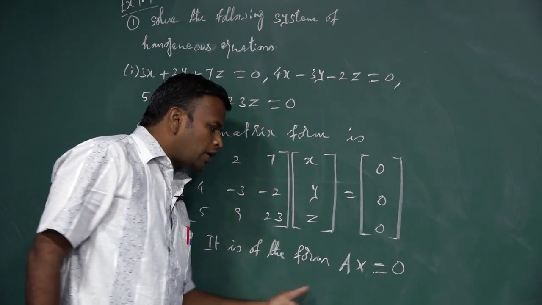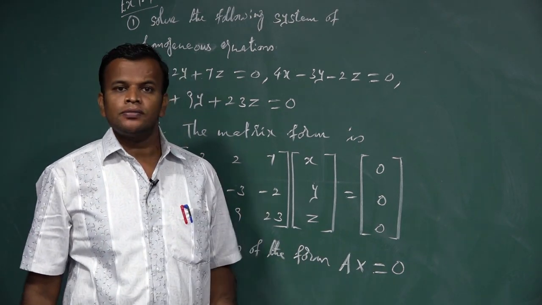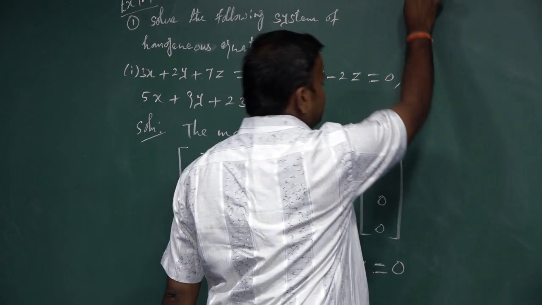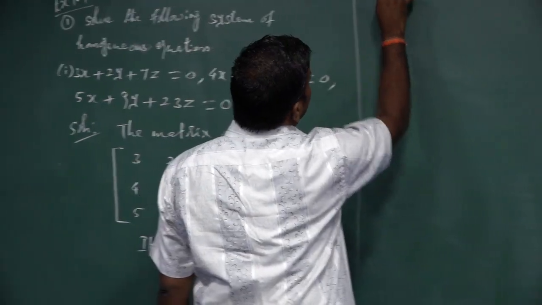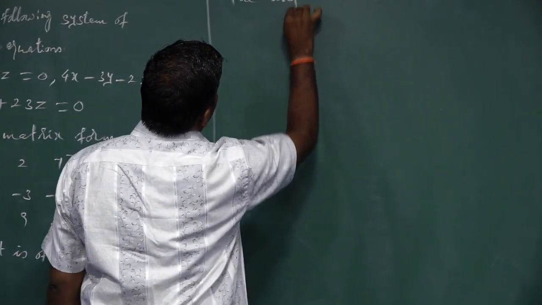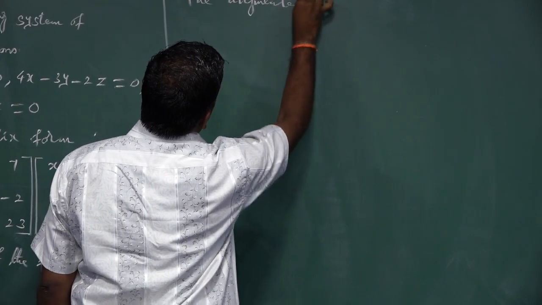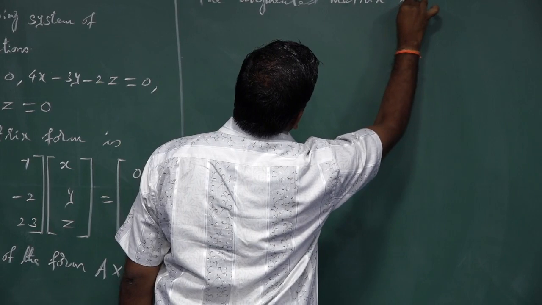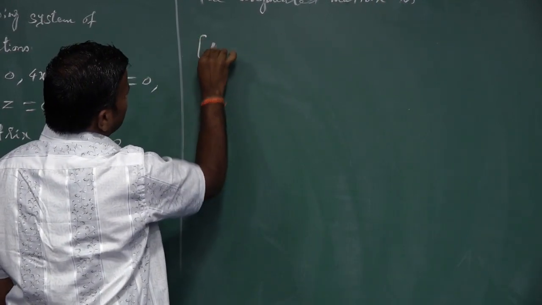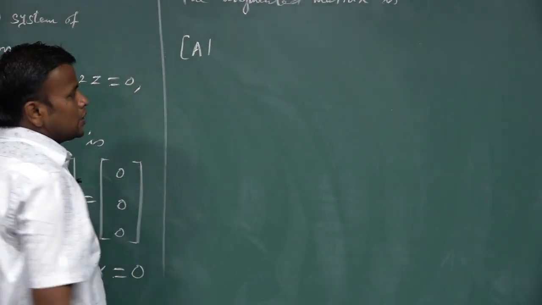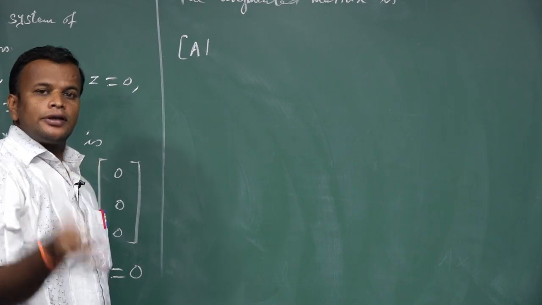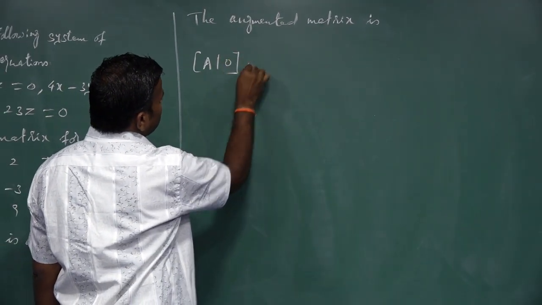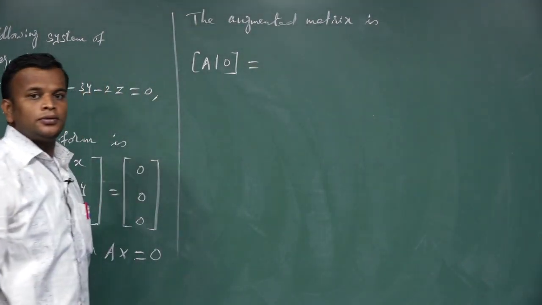After writing the form AX equals 0, what is the next step? To form an augmented matrix. The augmented matrix is the given matrix A extended by the RHS. The RHS is all 0, so it is A augmented with 0.